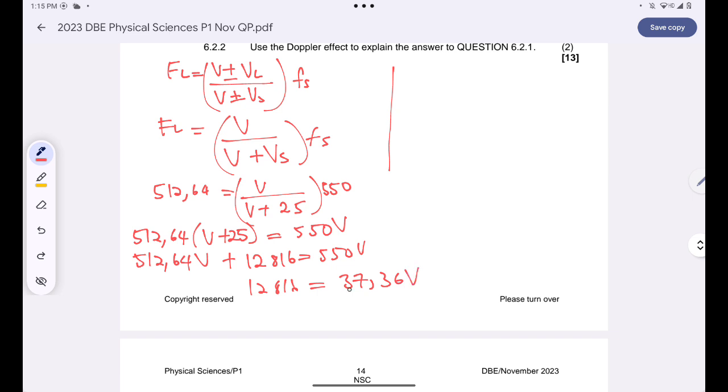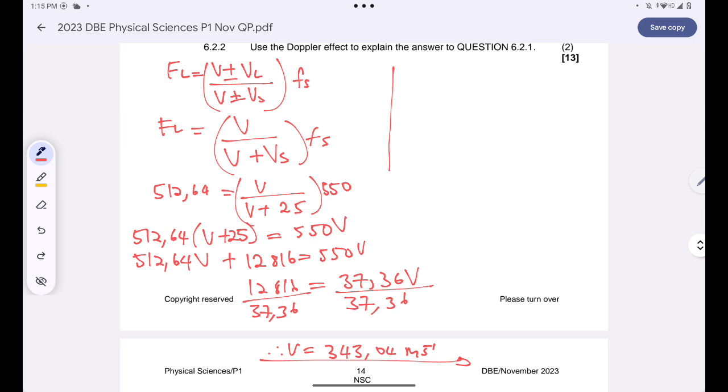Are you together? Then for me to find V, I need to divide by 37.36 on both sides. Therefore, the speed of sound in air is simply 12,816 divided by 37.36. That's 343.04 meters per second.